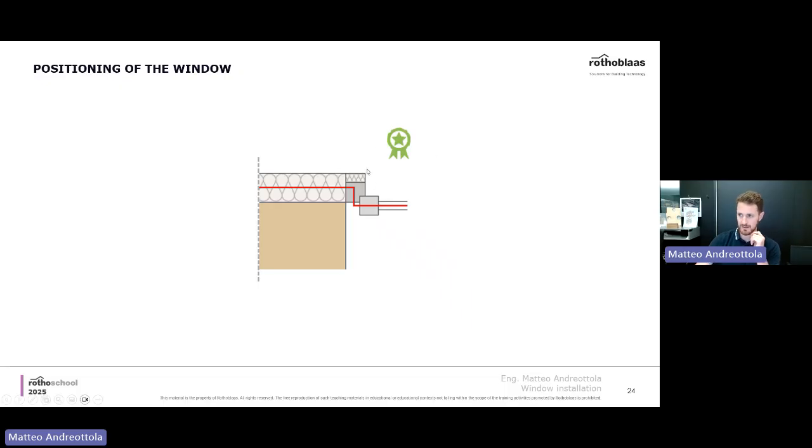You see that they've placed insulation on top of the window to avoid potential cold bridge. And you see though that the thickness of this insulation is lower than the overall thickness that you have on your wall. So make sure you use a better insulation to totally avoid cold bridge.